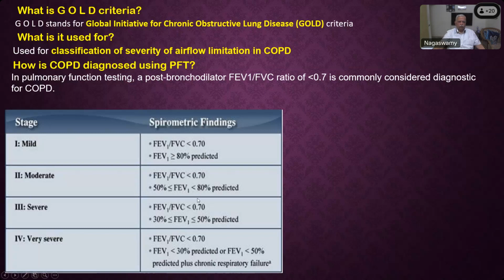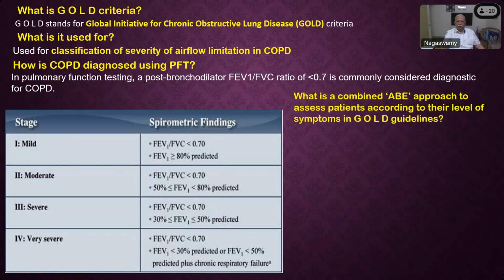And finally, FEV1 predicted should be more than 80% normally, but here it is less. As the severity goes up, the predicted FEV1 itself goes down. As the FEV1 prediction keeps going down, you can see the patient is in chronic respiratory failure. So 4 grades are there.